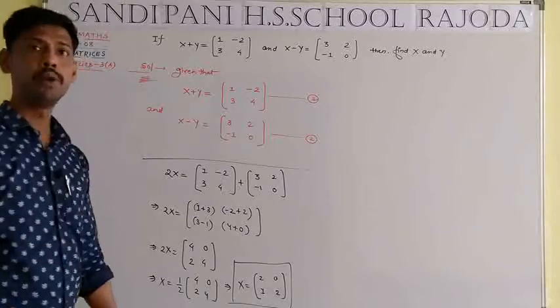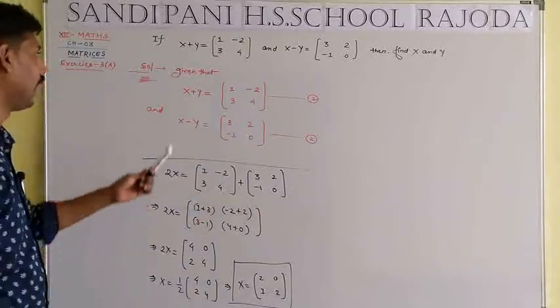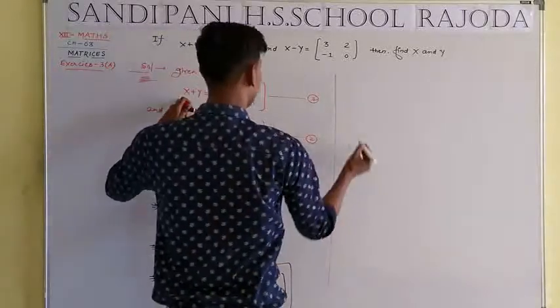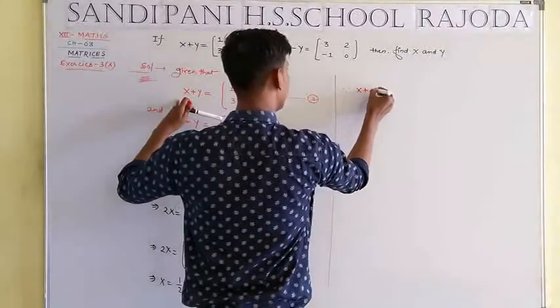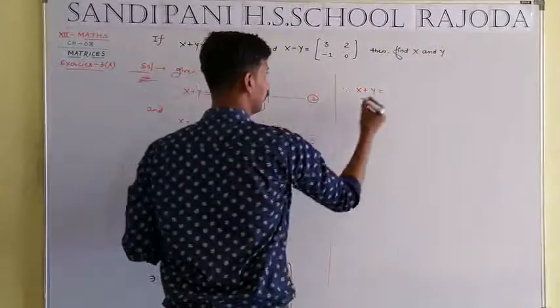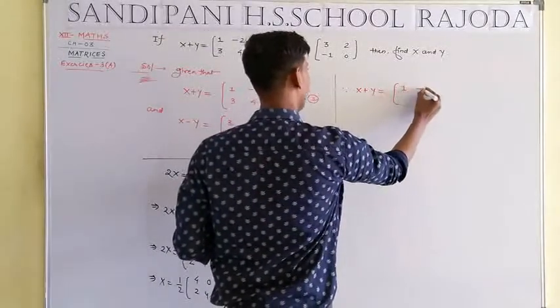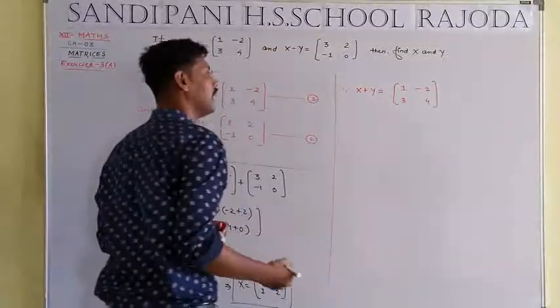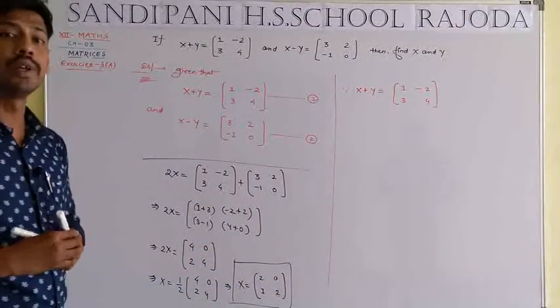Now the demand of the question: find the value of y according to equation number first. x plus y equal to 1 minus 2 3 and 4, just like the elimination method of class 10.